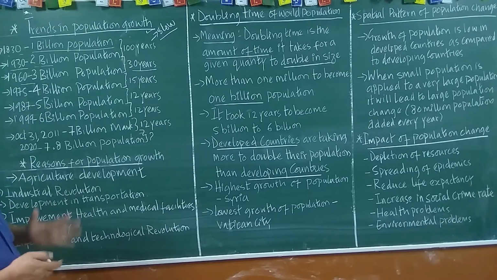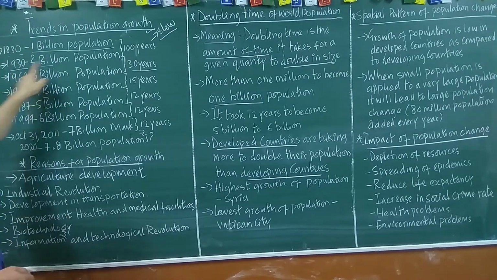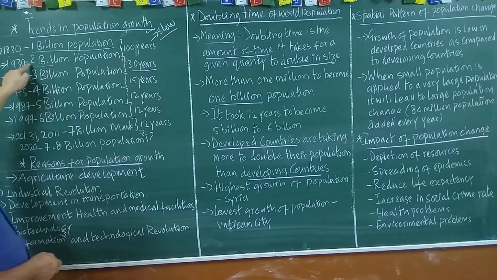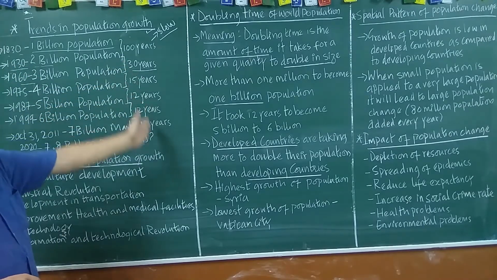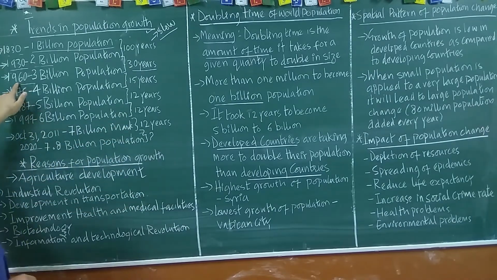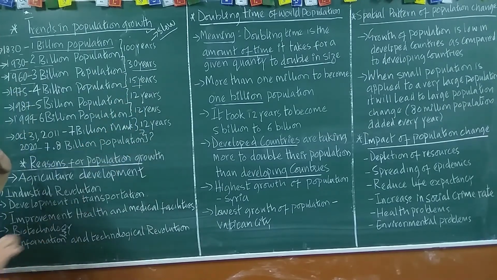From the 1 billion mark to the 2 billion mark, it took 100 years. But from 2 billion to 3 billion, it took 30 years. And then the time taken is reduced year by year. For example, in 1975, it took just 15 years.